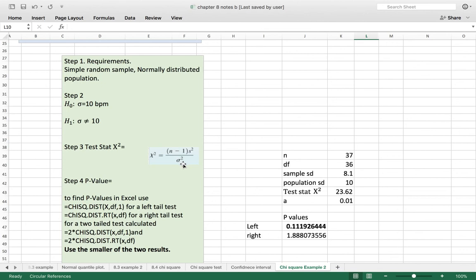We're going to use degrees of freedom times the standard deviation for the sample squared over the standard deviation for the population. So let's make sure we've got it. The degrees of freedom, I used n minus 1 times the sample standard deviation squared divided by the population standard deviation squared. Looks good. Let's just change our alpha to 0.05.